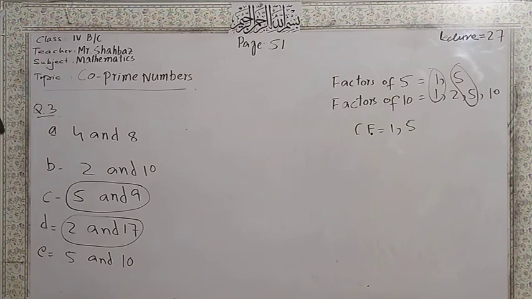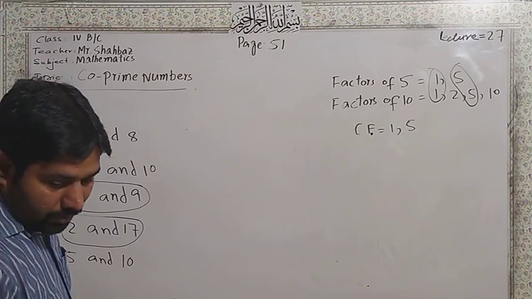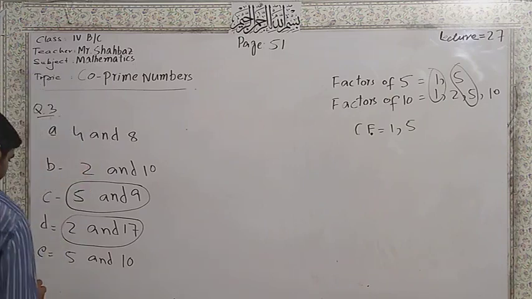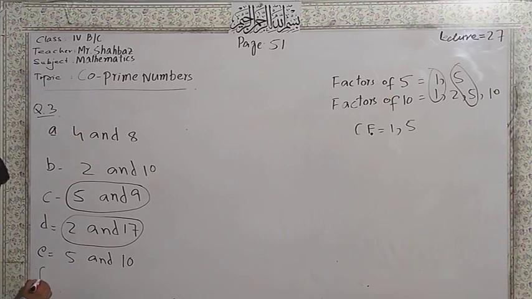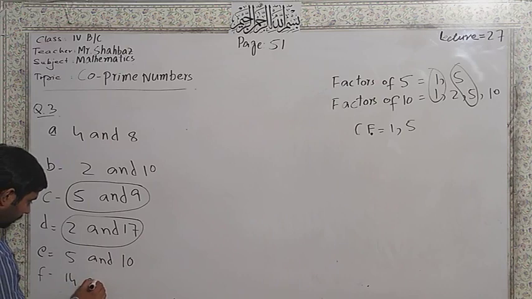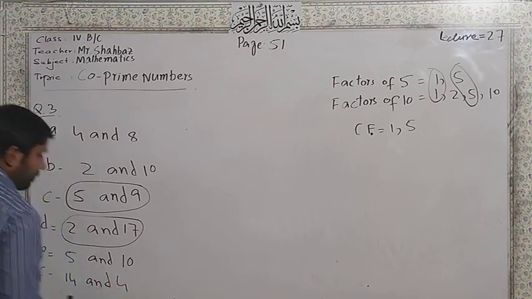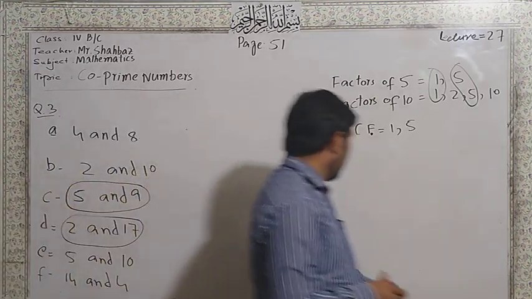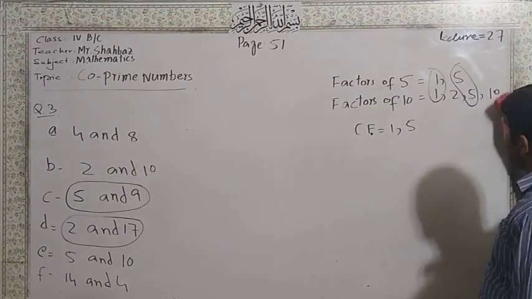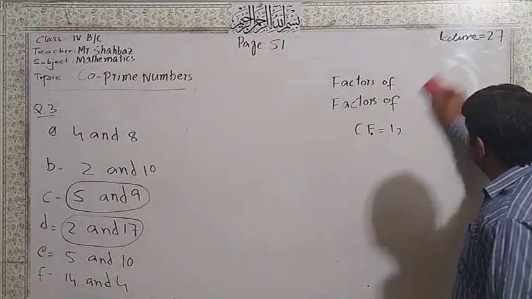Last and final part, F, 14 and 4. So you will find the factors of 14 and 4.